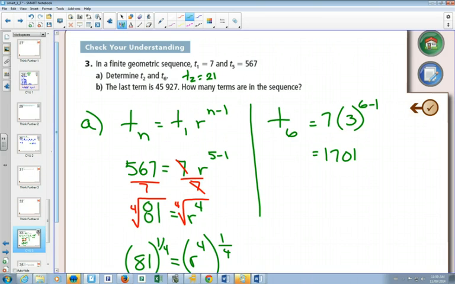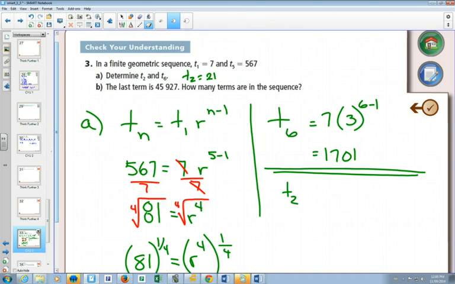We'll probably have to do B next class, but I did want to show you another way to figure out that r is 3, because sometimes, let's say this same question was given, but they said that term 8 was equal to 7, and instead of term 5, term 12 was equal to 567. If you go from 8 to 12, how many times will you multiply by r? 4 times.